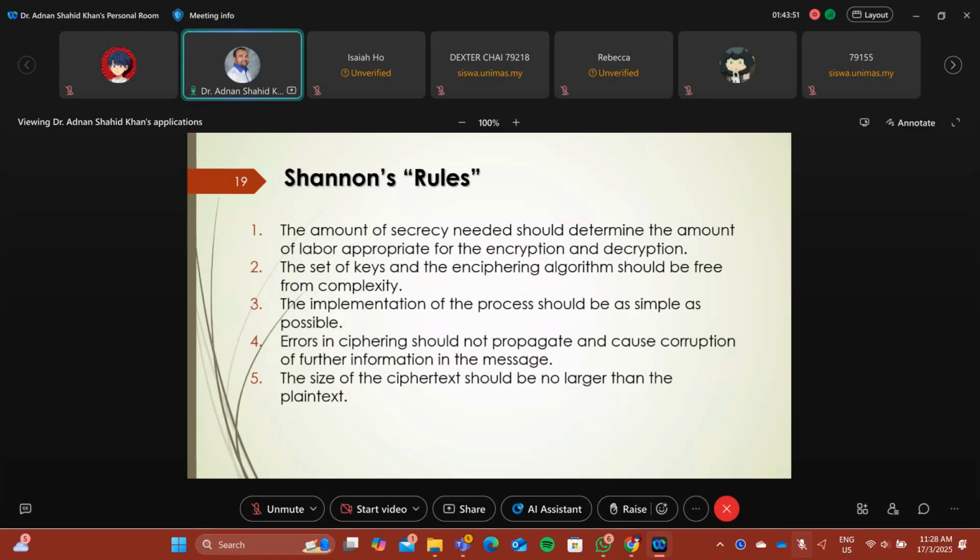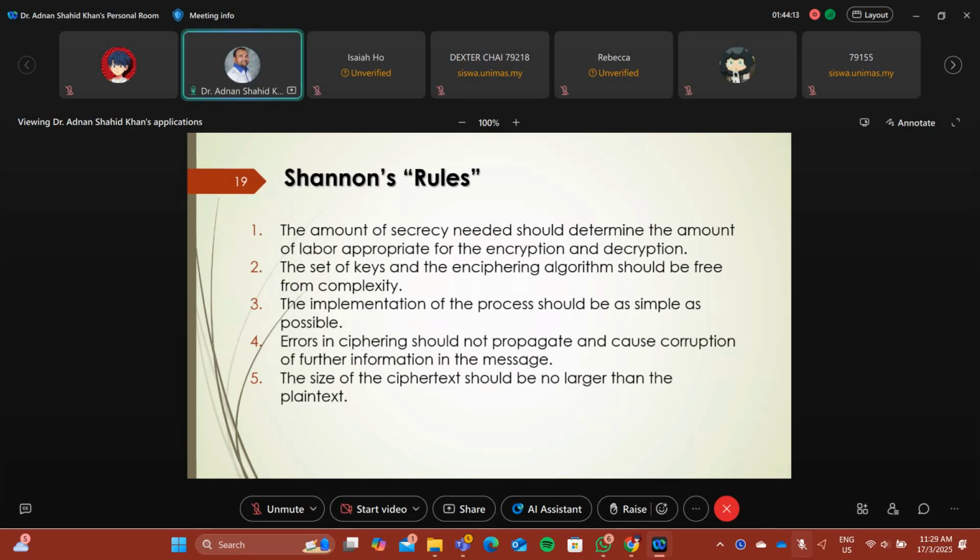The set of keys and the enciphering algorithm should be free from complexity. If we publish any article on cybersecurity, even on an authentication mechanism, we have to prove that the algorithm outperforms the baseline algorithm from a complexity perspective.